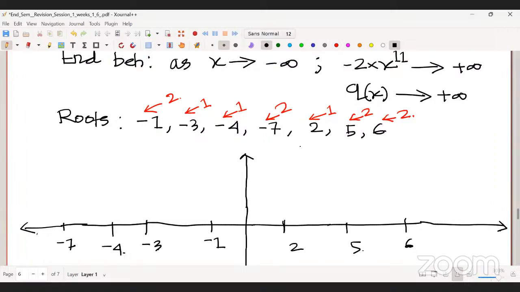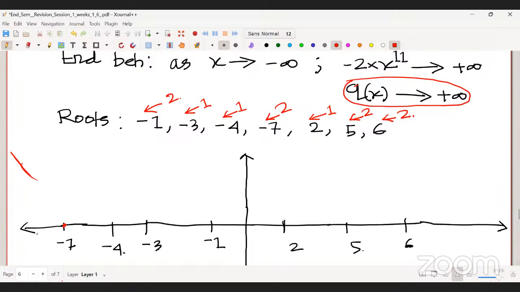First, I need to reach the point minus 7, 0. From which direction should I come to this point? Upward direction, sir. See, as you can see, this q of x is going towards plus infinity. If q of x is positive and going towards plus infinity, then you should come from this side.